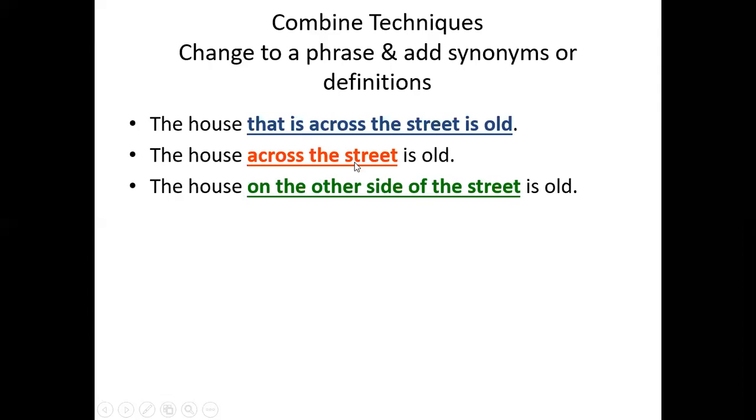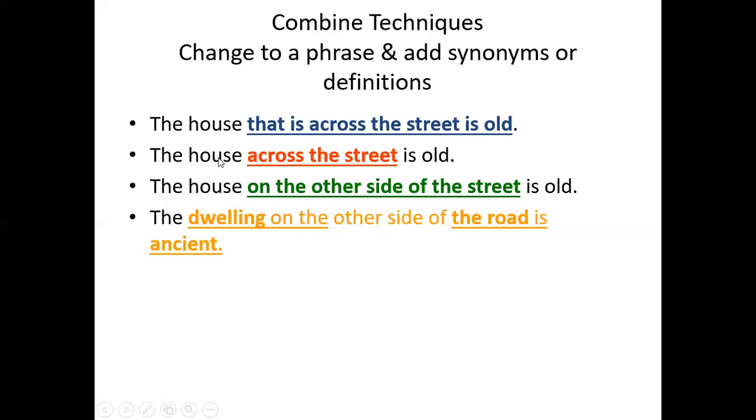Meaning across the street we have given another definition which means on the other side of the street. We have given another synonym for house which means dwelling. So here the dwelling on the other side of the road is ancient. We have replaced the word old with the word ancient.